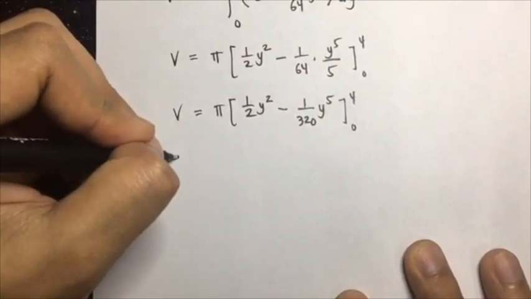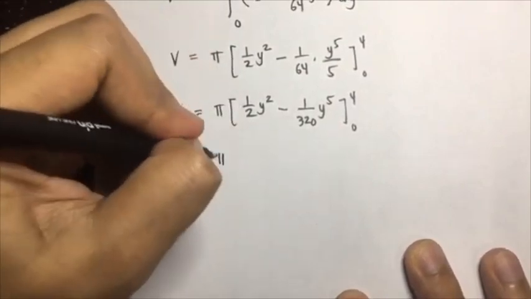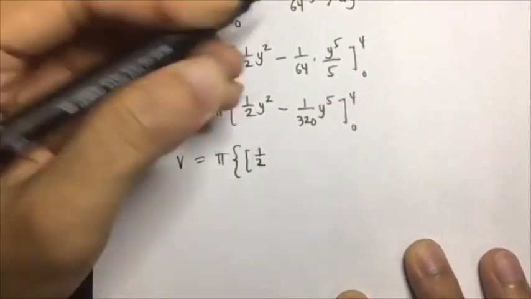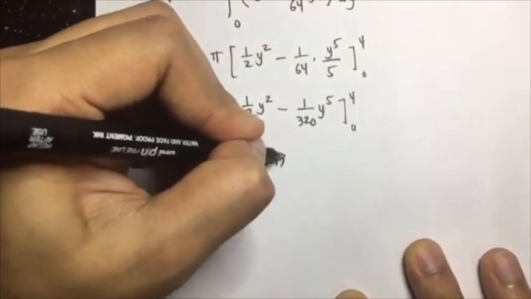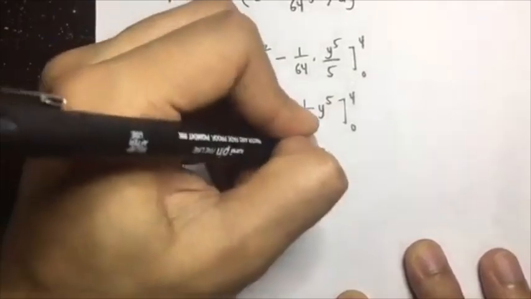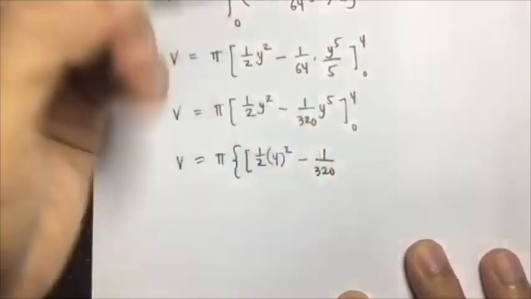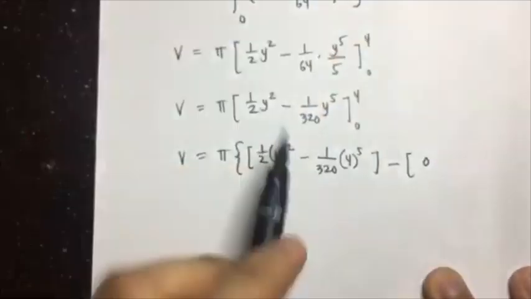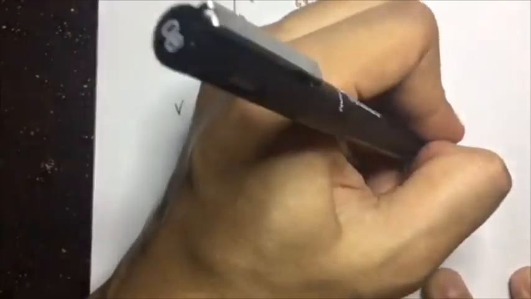Okay, so now let us substitute the limits. So V equals pi, so we have 1/2 times the upper limit 4 squared, minus 1/320 times 4 raised to the power of 5, minus the lower limit. If we substitute 0, this will become 0, and this also will become 0.